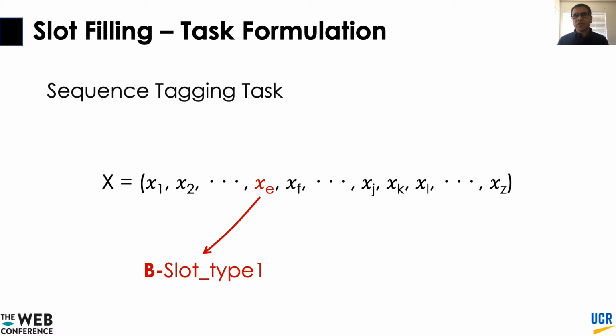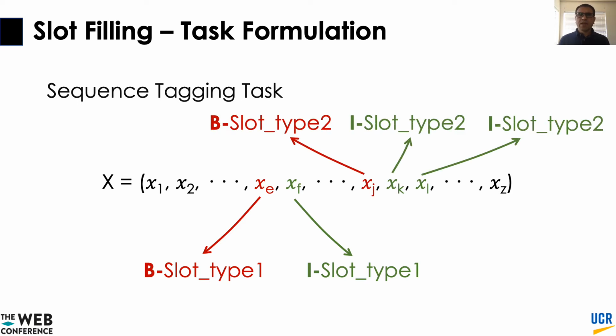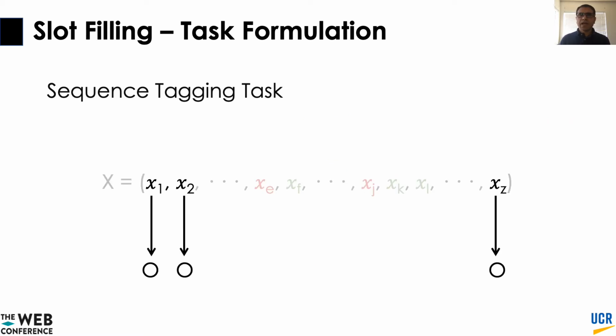The first word of a slot value associated with a slot type is labeled as B-slot type, where B is for begin. The other words inside the same slot value are labeled as I-slot type, where I is for inside. Note that one utterance can have more than one slot value. And non-slot words are labeled as O, where O is for outside.